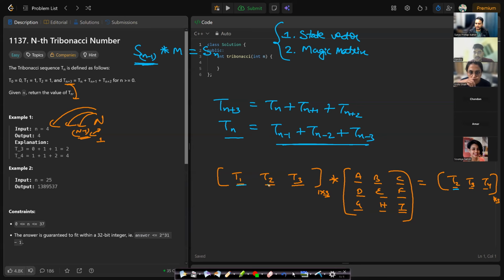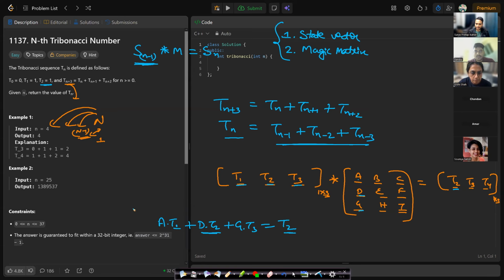So I'll tell you one: A times T1 plus D times T2 plus G times T3 equals T2. Now, is there any relationship that you can establish with T2? I think so. You know that this T2 and this T2 are the same.